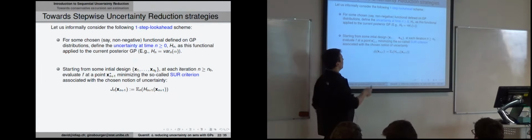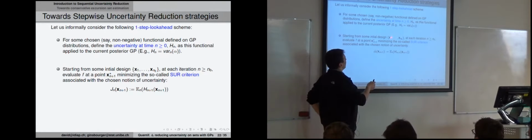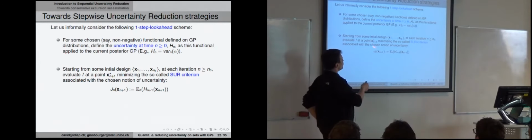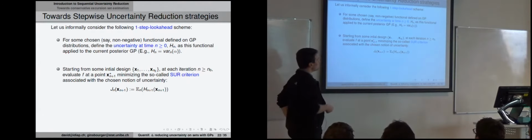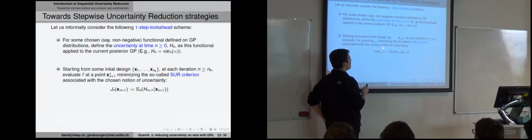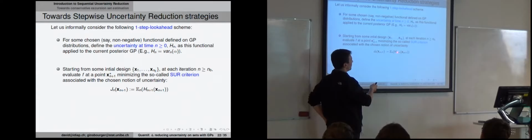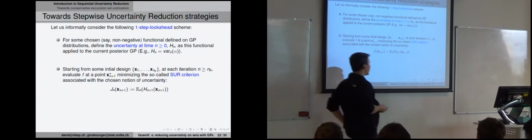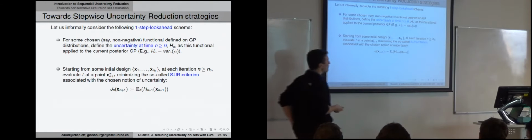So imagine that you have n naught points and that at every iteration you're going to add a new point, x star n plus 1, in a way that you minimize the future uncertainty. You have a notion of uncertainty that is relying on n plus 1 observations, but so far you have only n observations, so you anticipate what will be the uncertainty at the next step.